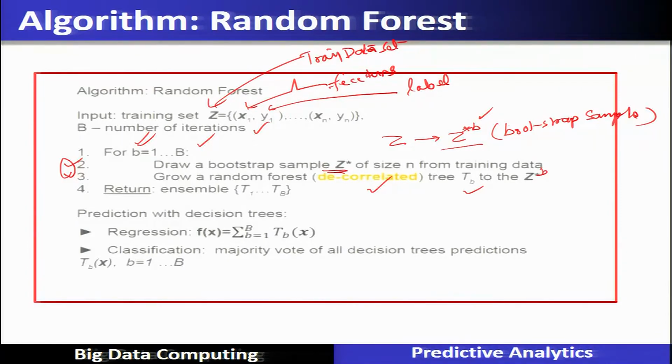That means we will generate B different decorrelated decision trees, call them T1, T2 and so on up to capital B different trees, and this is an ensemble of the different decorrelated decision trees. This ensemble of models is generated by the training phase.